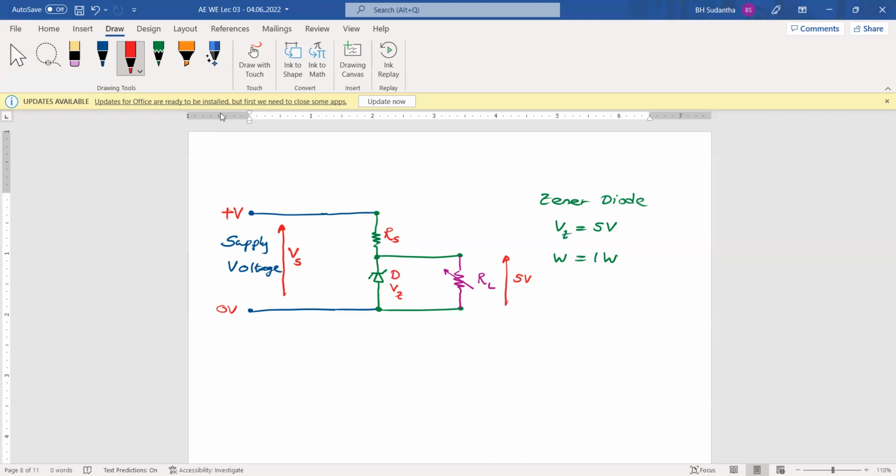Okay, then we can mark the currents here. This is IS, the supply current coming through, and this is IZ, the current going through the Zener diode, and this is the load current IL.